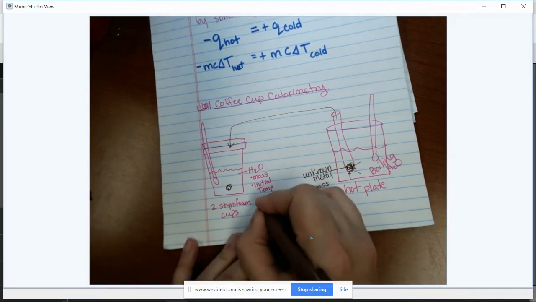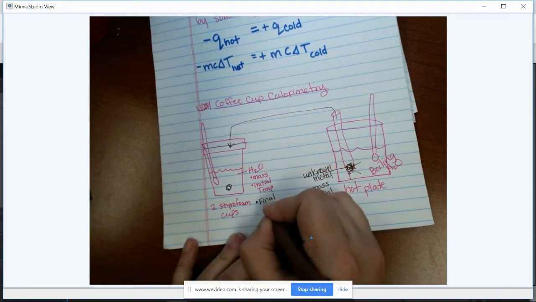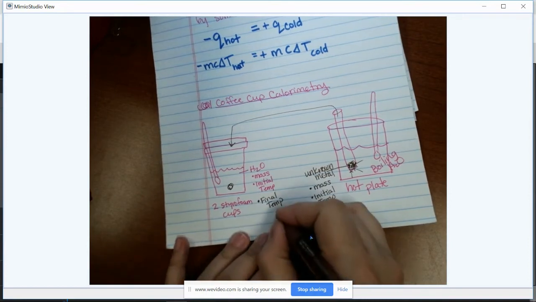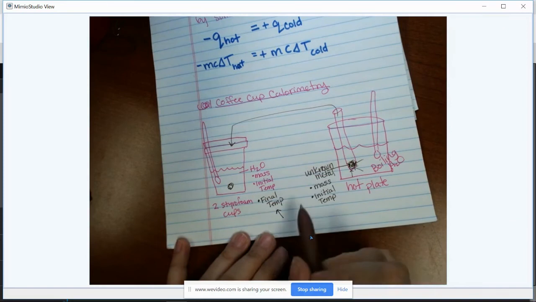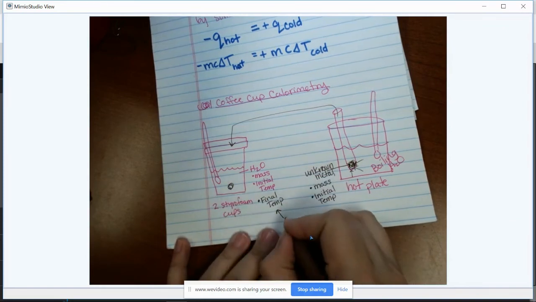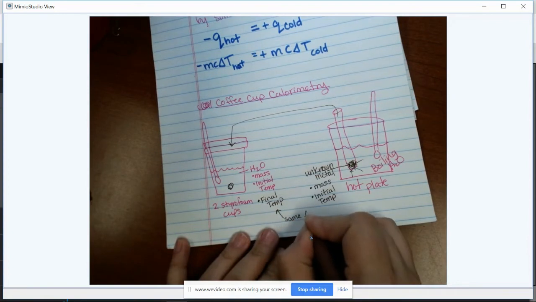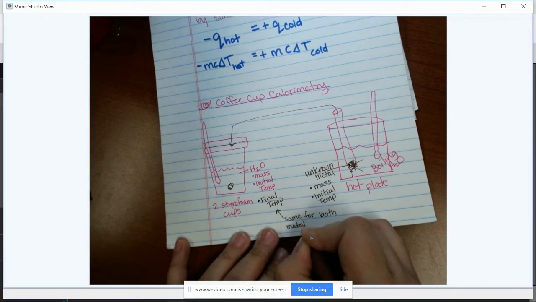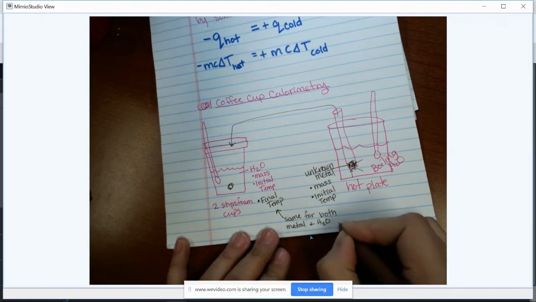So we also need to take a final temperature from after we add the metal. Now, keep in mind, this final temp, the metal and the water are both now in this cup. So the final temp is the same for both that metal and water because we've reached thermal equilibrium.